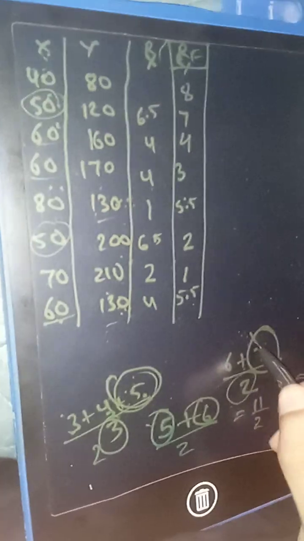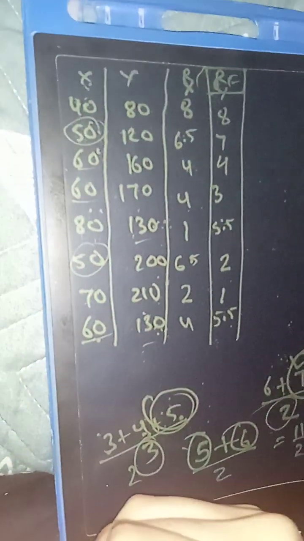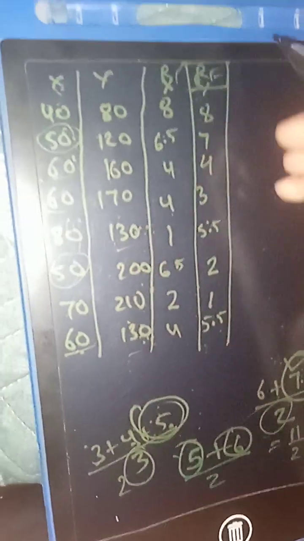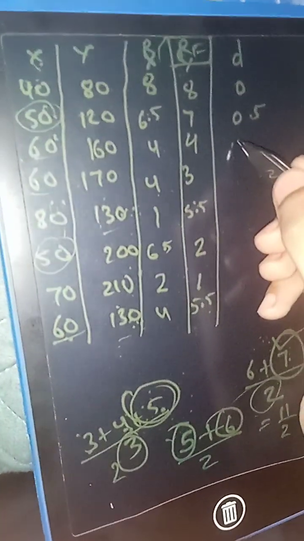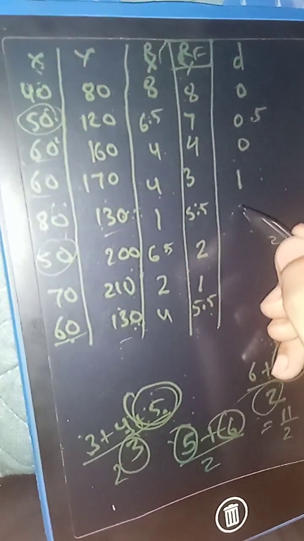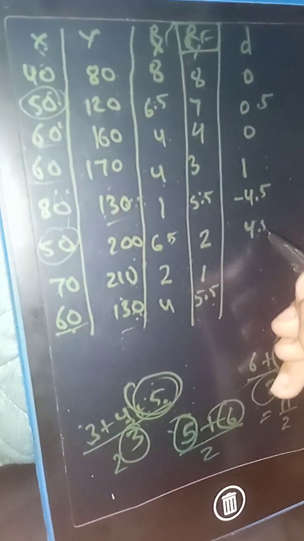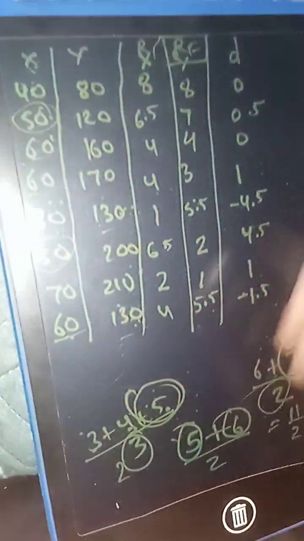Assume that the 7th rank is also used. Now assign the last rank, 8. Now what you have to do is find the deviations. Deviations: 0, 0.5, 0, 1, minus 4.5, 4.5 positive, this time 1 and minus 1.5.